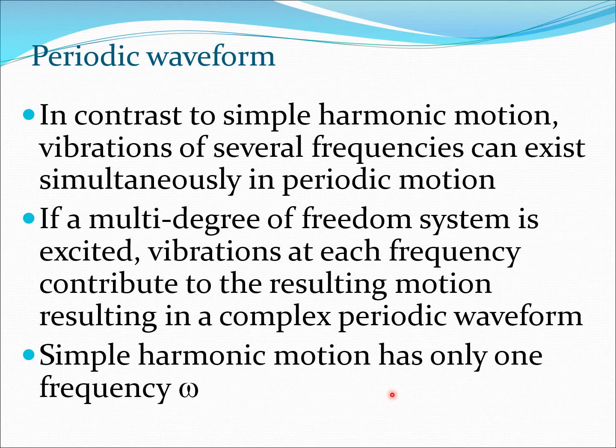Now typically when you excite a multi-degree of freedom system, vibrations at each frequency will contribute to the resulting motion, and so you will get a complicated periodic waveform. In contrast, in the simple harmonic motion which we discussed in our previous lecture, there was only one frequency given by the circular frequency.